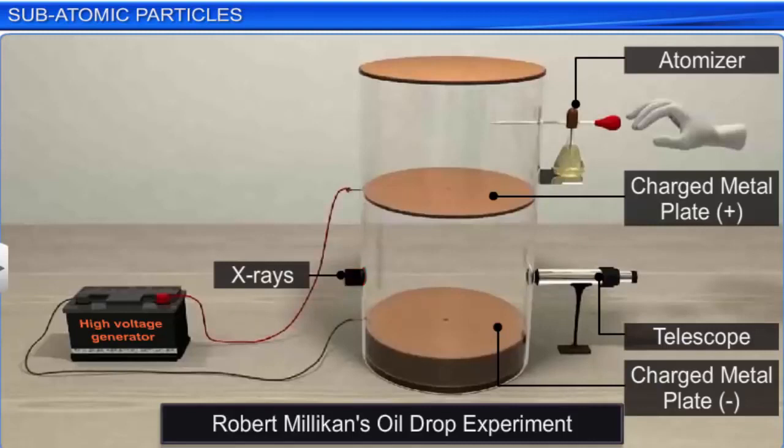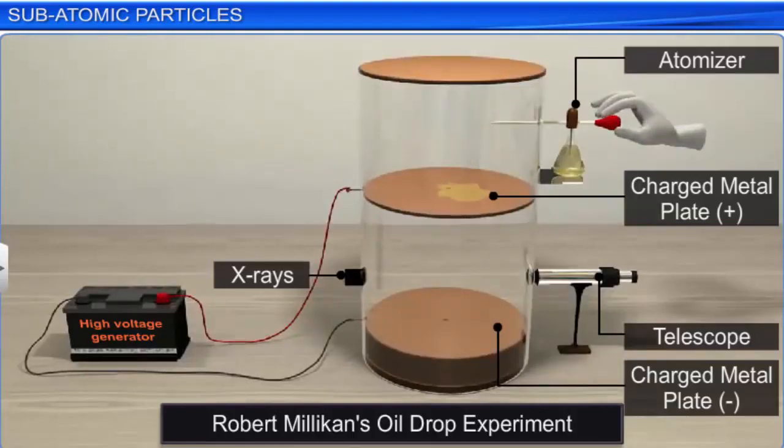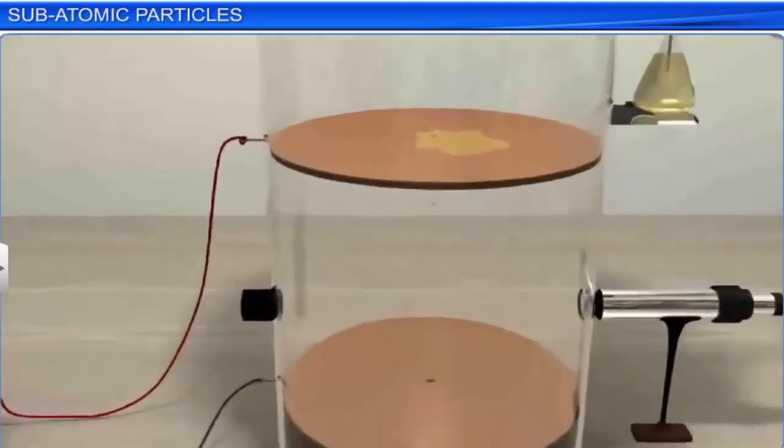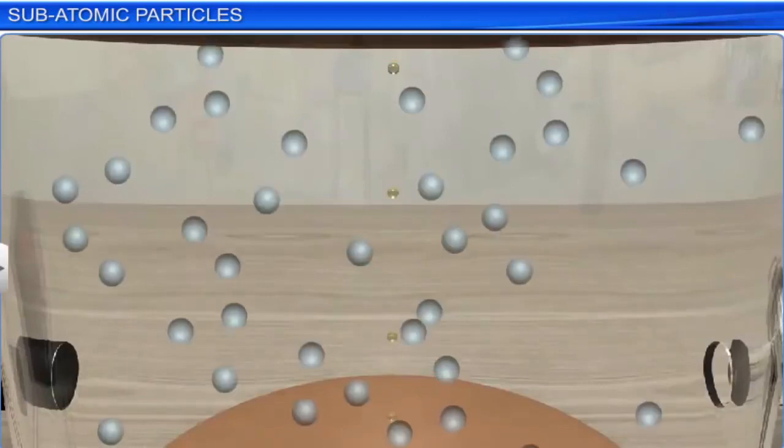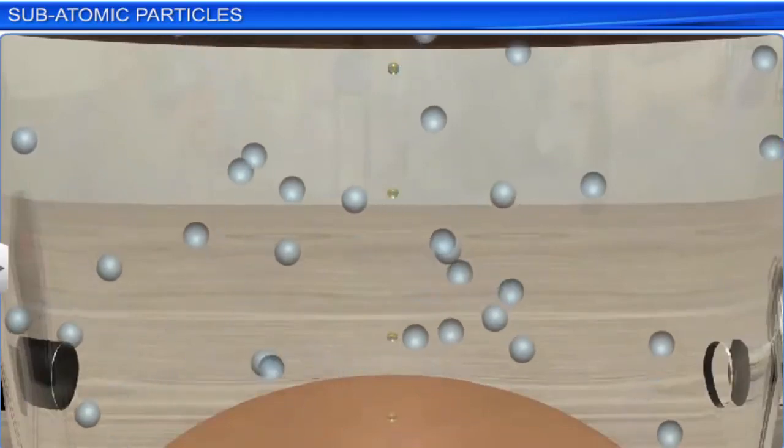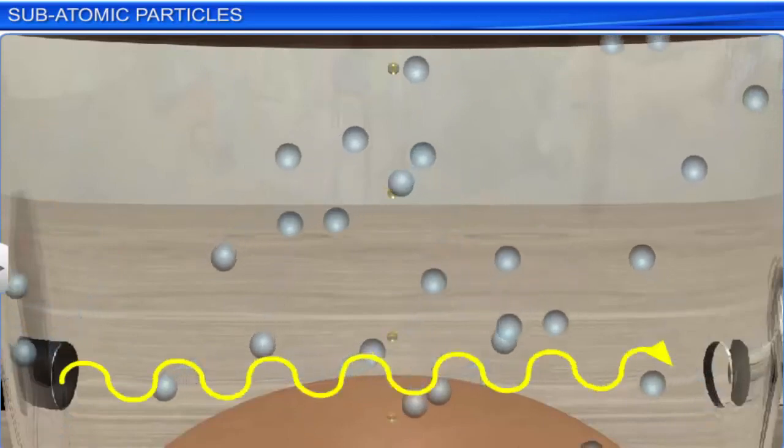Using the atomizer, Millikan sprayed oil droplets into the electrical condenser. As the droplets fell through the upper plate hole, he measured the rate of fall and used it to calculate their mass. He then ionized the air inside the condenser by passing a beam of X-rays through it.